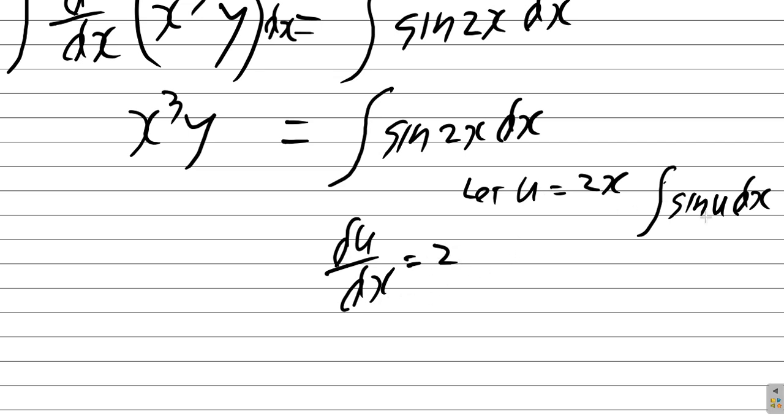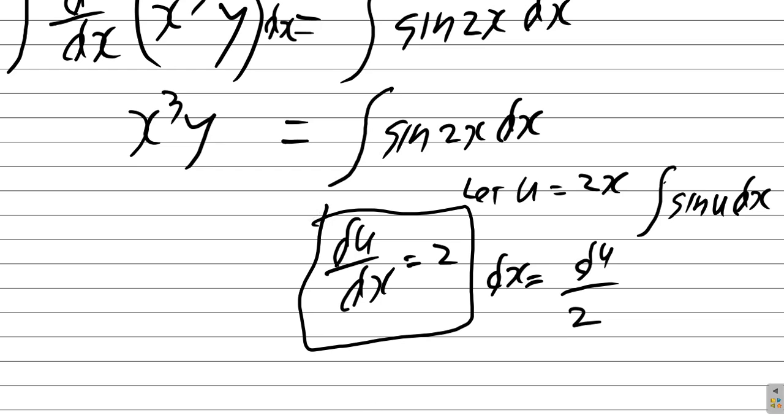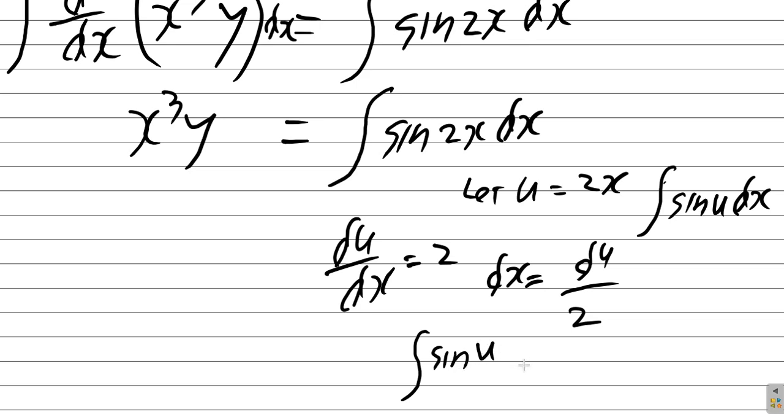So what is dx? dx is going to be du over 2 when you transpose this to make dx the subject. So what we have is the integral of sine u du over 2, because dx is du over 2, right? du divided by 2. So it is really half the integral of sine u du.